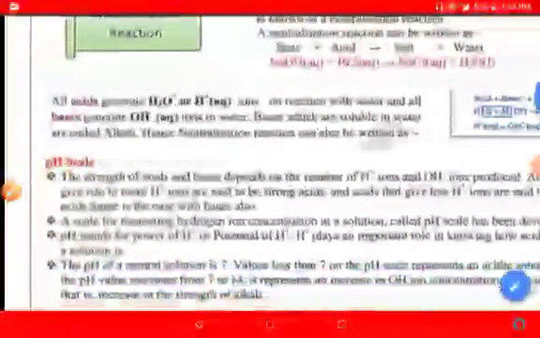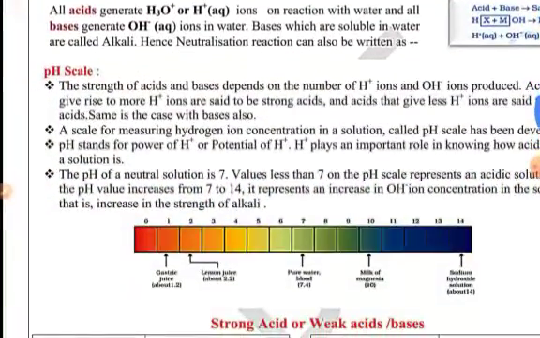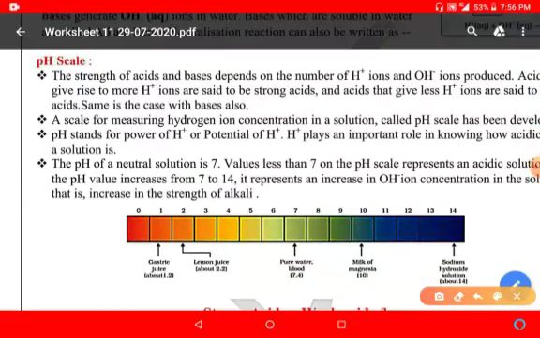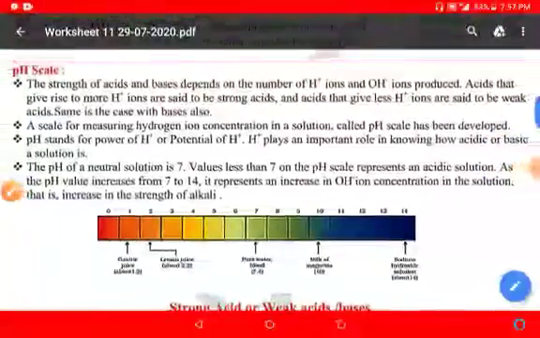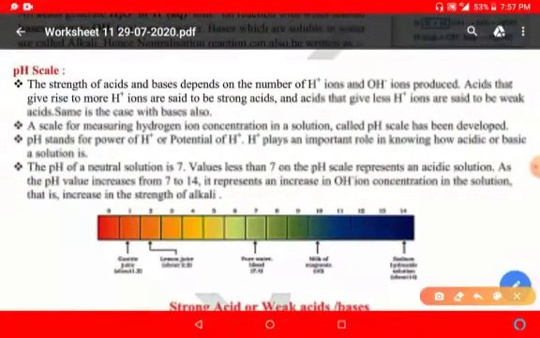Then there is the discussion about the pH scale. What is the pH scale?